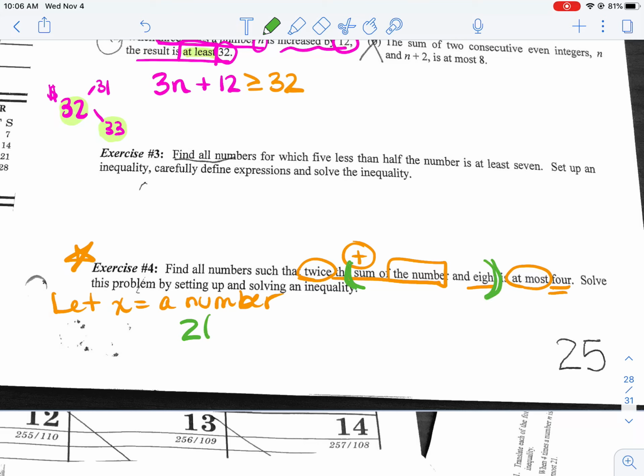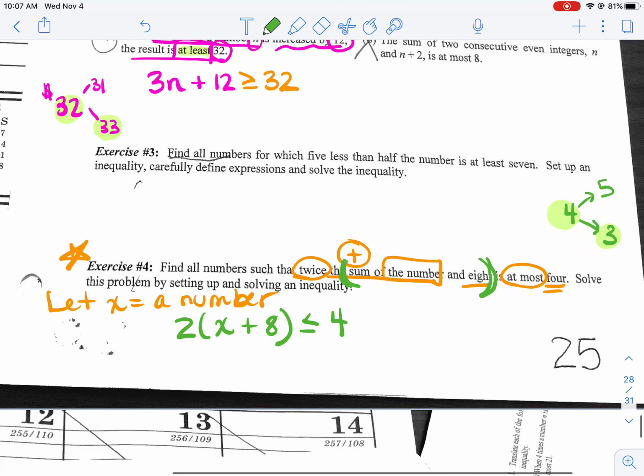There's almost like magical parentheses here. Is at most 4. So what does at most 4 mean? If I have at most 4, it means I've got 4 or less. So less than or equal to 4.